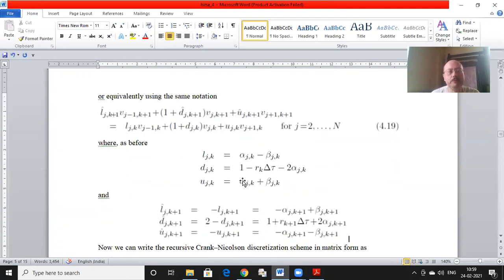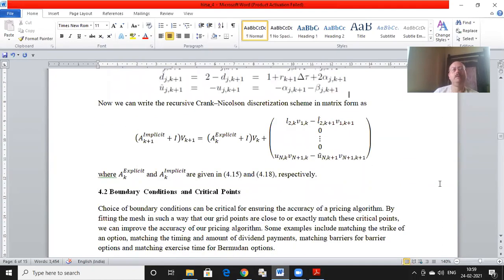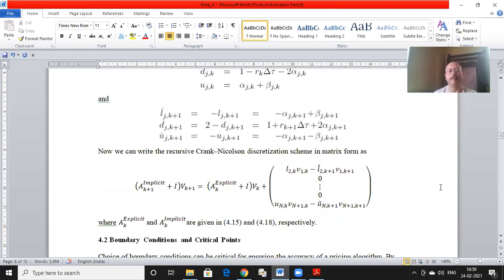So this is what we have in terms of the LDU, so that now I can write the Crank-Nicolson matrix equation in this way here. Now the system is looking slightly more complicated, of course, but if you recall the original explicit and implicit scheme, it is the same as those.